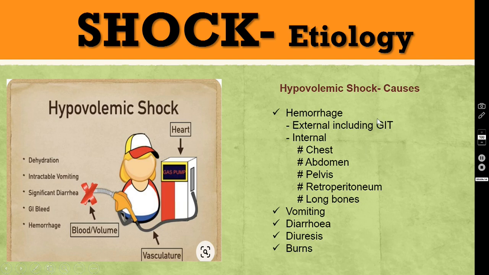Hemorrhage may be external, including bleeding anywhere in the GIT, or it could be internal, maybe in the chest, abdomen, pelvis, retroperitoneum, or even long bone fractures. There could be a lot of bleeding inside. Or it could be non-hemorrhagic, like vomiting, diarrhea, even diuresis and burns. All these things can produce hypovolemic shock.